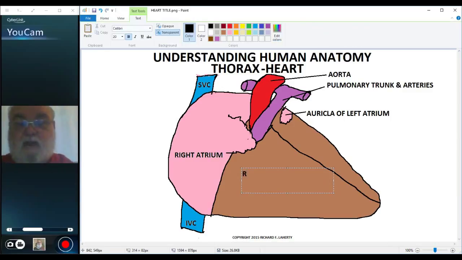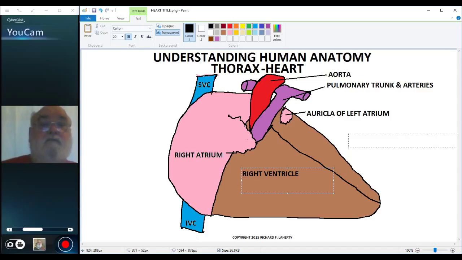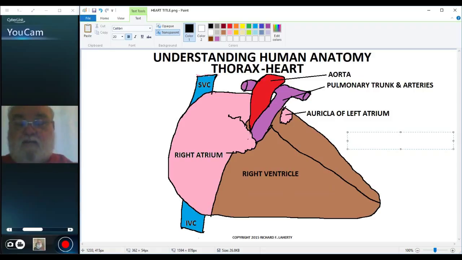Over here we have the right ventricle, which is sitting anteriorly. And the little bit of left ventricle, I'll draw the label off the heart and bring a line to it.